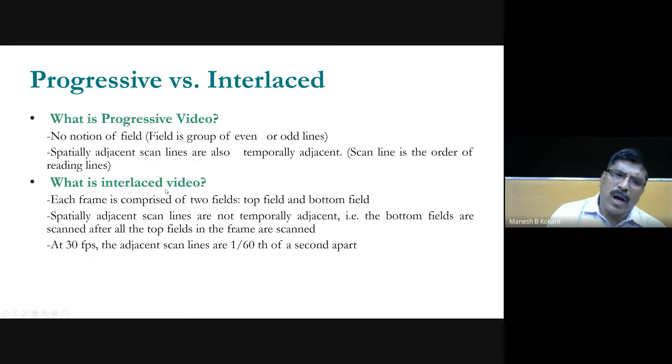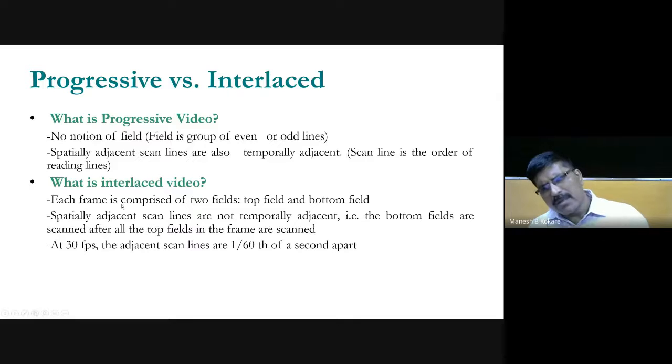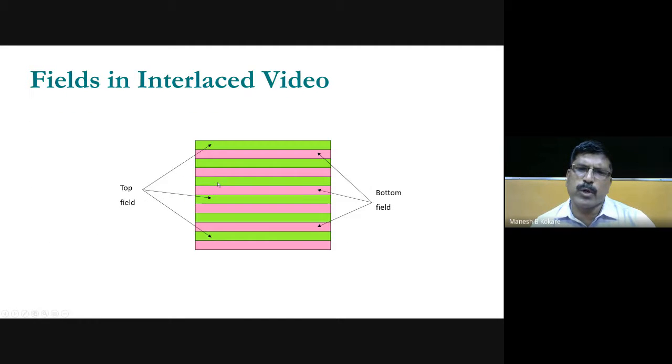Now, how it is done: the frequency is matched with the line frequency. Now see what is done in interlaced video scanning, basically what we do is scan this one.